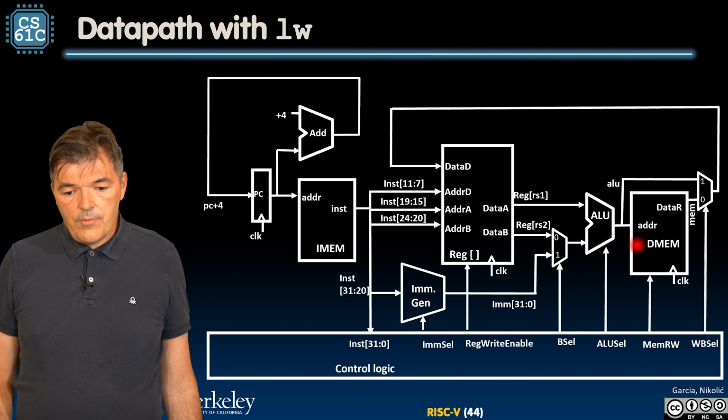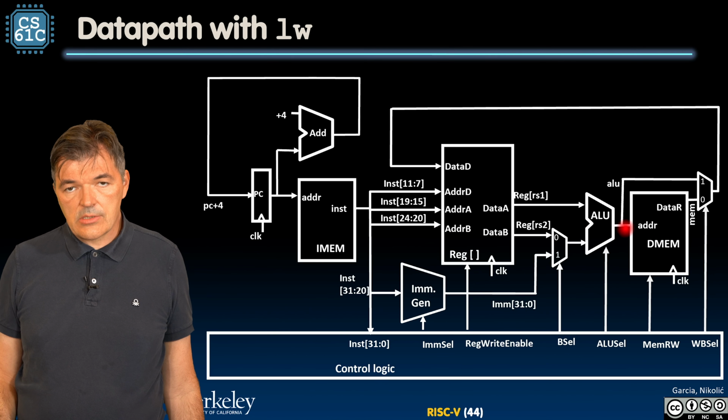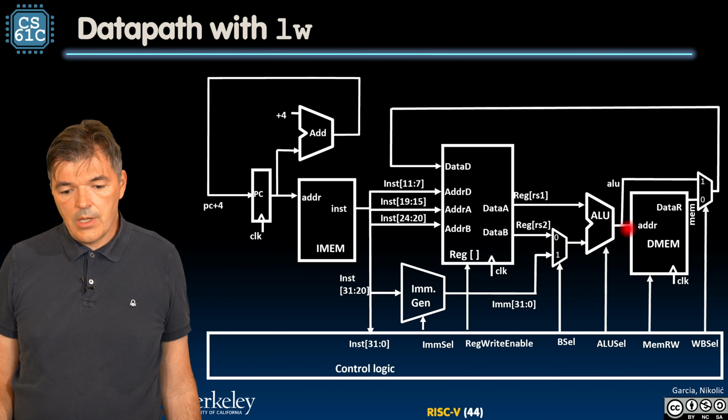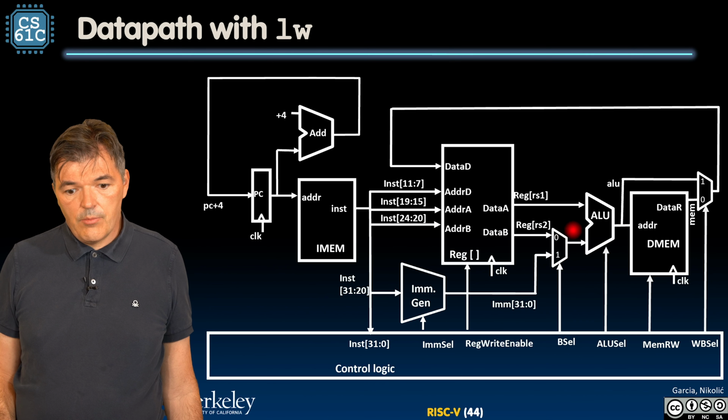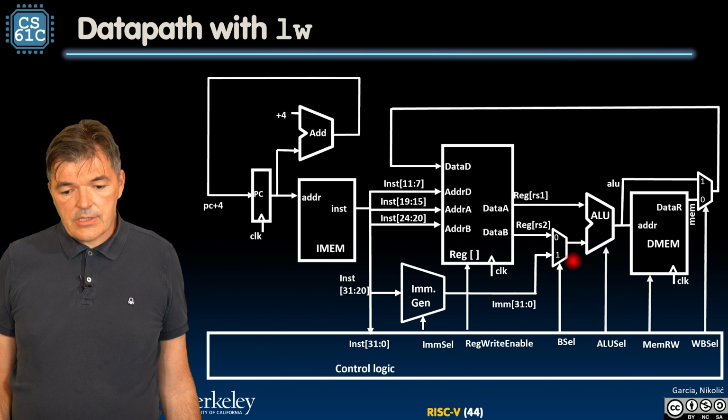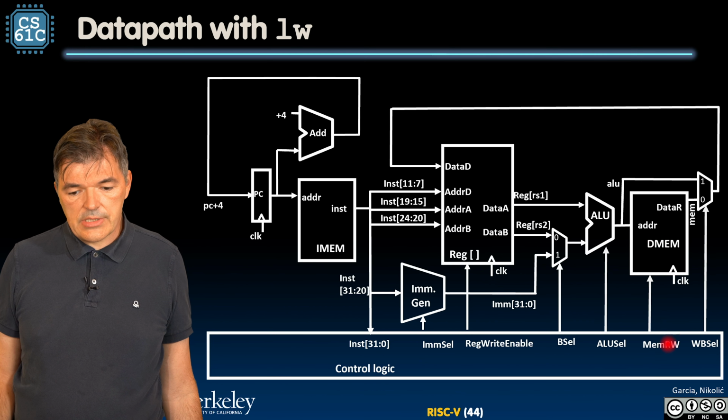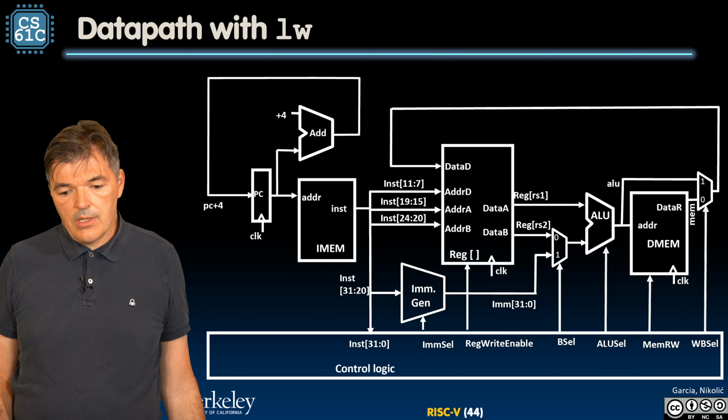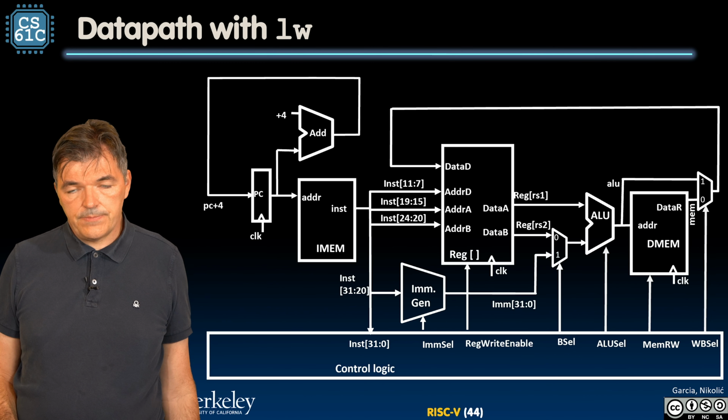Our ALU points to the address where we would like to read from, and it is formed by adding the immediate to the source register RS1. The things that we added were these control signals at the end: Mem RW and write back select.